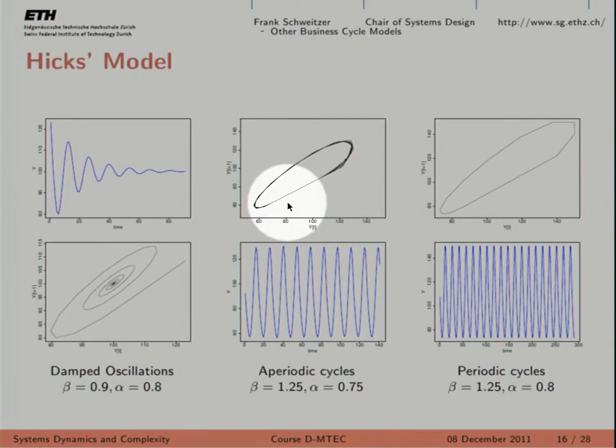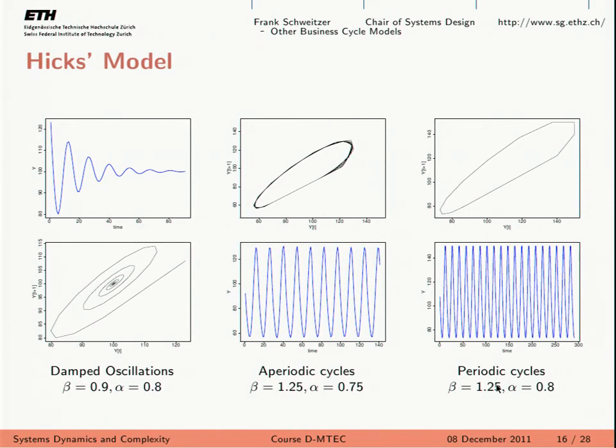So there is no clearly defined period of these cycles, but they're still bounded, which is nice. By seeing this in the phase plot, you can tell that these fluctuations are aperiodic. They look periodic, but in fact, if you look carefully, they're not. And there are periodic cycles, depending on the parameters alpha and beta.